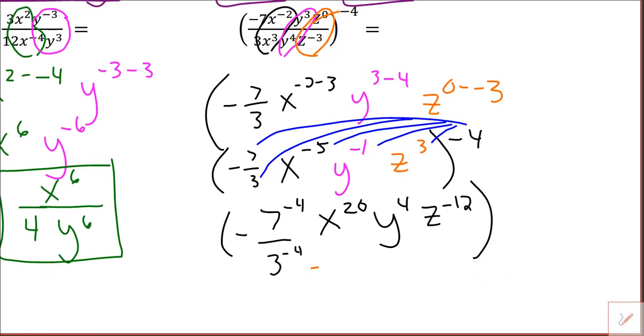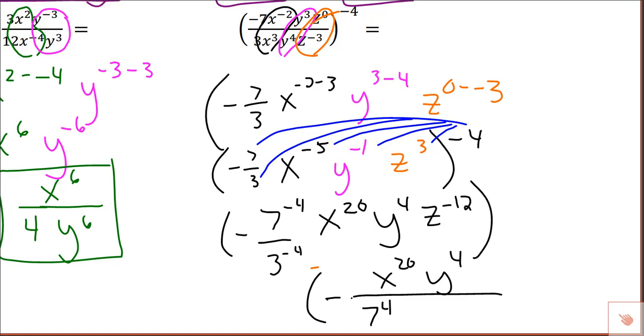Let's take care of all these negative exponents by bringing them to the other side. So I'm going to go ahead and just draw one big old line here. That x to the 20, and I'll scoot it over a little bit, that x to the 20 is not causing any problems. Leave him where he is. And same with the y to the 4th. But the 7 to the -4 needs to move to the denominator to become positive.